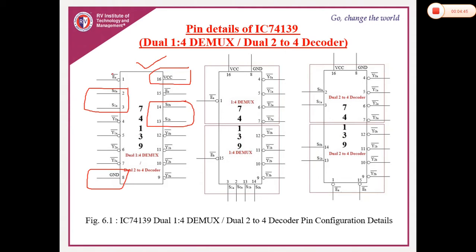Active low means you can see a bubble: if you give 0 it is on, and if you give 1 it is treated as off. The exceptions, the second, third, 14th and 13th pins, act as select input pins, along with the ground and VCC pins.